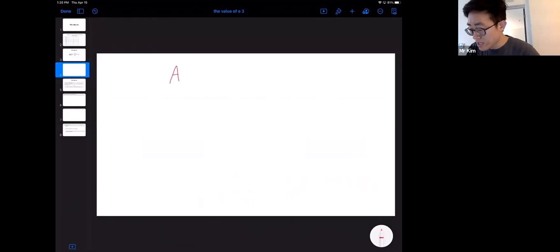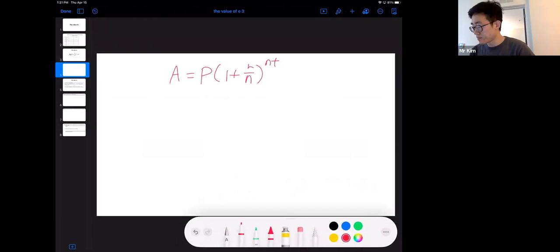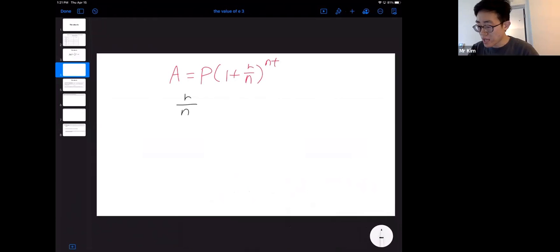So I'm going to write down the compound interest formula and turn this into a continuous compounding interest formula. To do this, it's not going to be feasible unless we call in a separate variable. We're going to need some help. So let's say that r over n is going to be equal to 1 over, I don't know, let's call this m. You can call it blob or whatever you want.